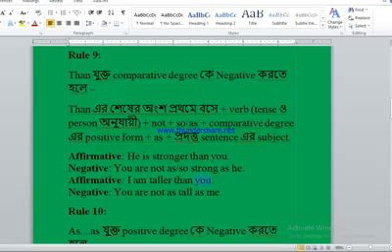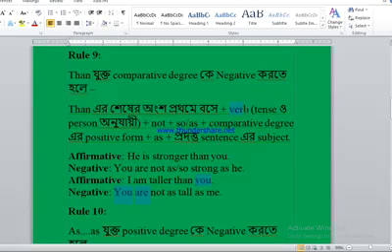First you will take the object of the affirmative sentence as the subject in the negative sentence, then you will use the verb according to the tense and subject.